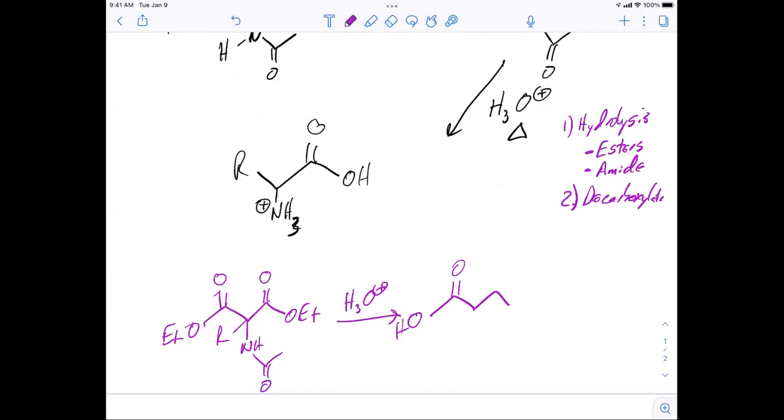So we turn both of these into acids, right? And we've already at this time lost that bottom carbonyl down here, right? And then from here, right, we decarboxylate. Questions about this one?